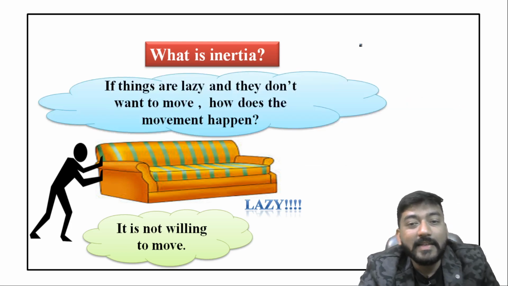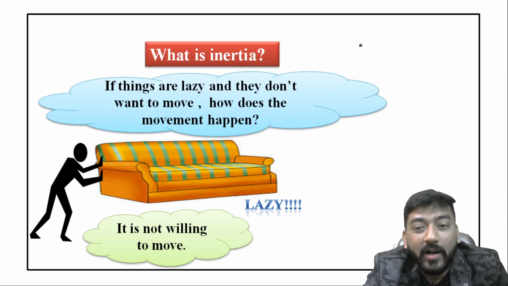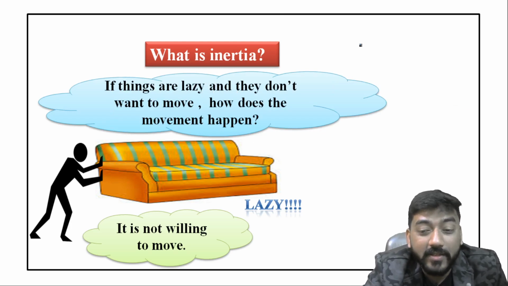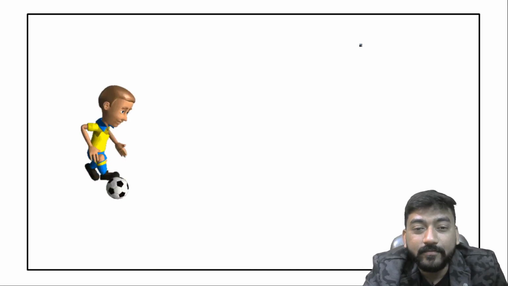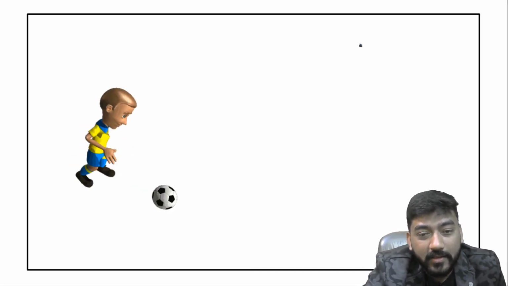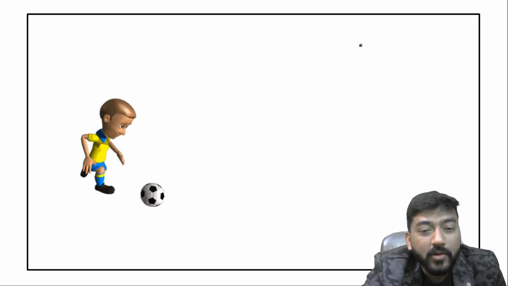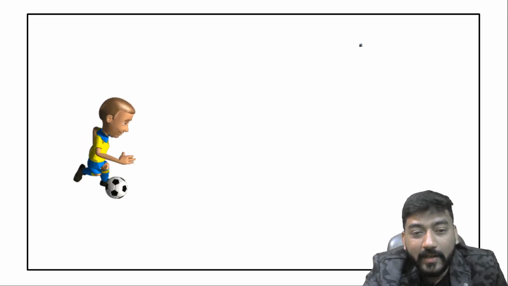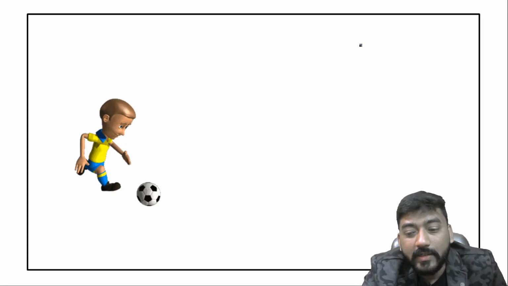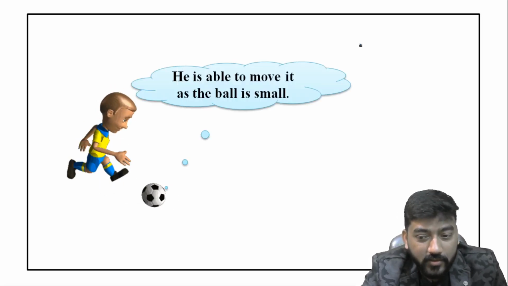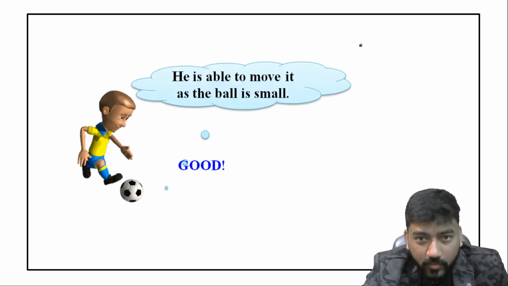So if things are lazy and don't want to move, how does movement happen? Obviously by using force. If you want to move the ball, then you have to push it, and you can see a huge amount of effort is needed to move this ball.